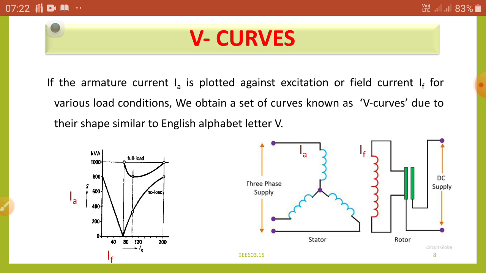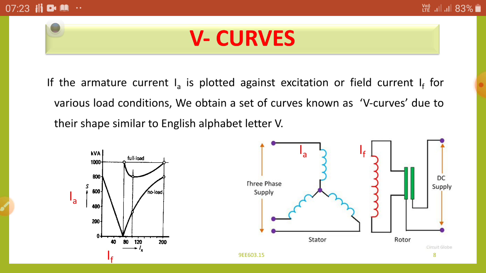At that condition, observe the input current from the stator side using one ammeter connected in any one phase. At the same time, connect one power factor meter on the stator side and one ammeter on the rotor DC supply side.